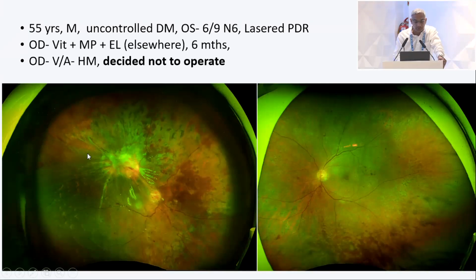The macula is already involved in a scar, pale disc, and the entire retina was detached, thin, transparent, and ischemic. Vision was just hand movements. We decided to leave the eye alone. A small area was attached superonasally, but being the left eye, 6/9, N6, we knew there was no visual potential, no point subjecting him to surgery, and he is adamant, not willing to control his diabetes at all.